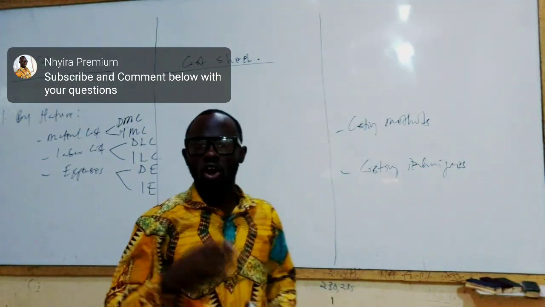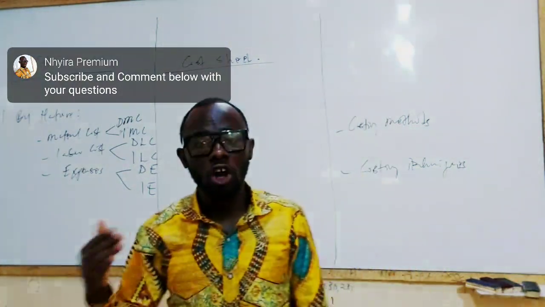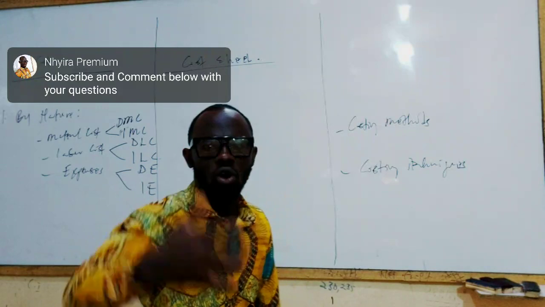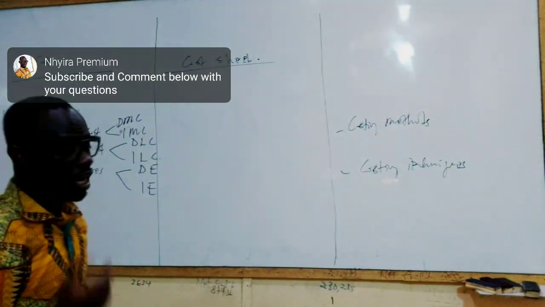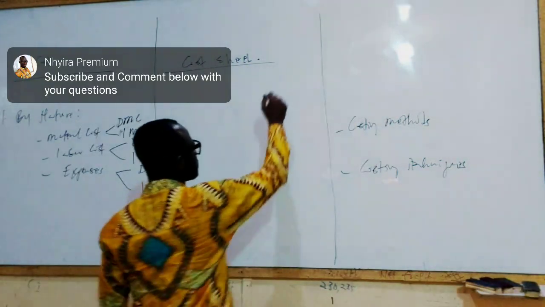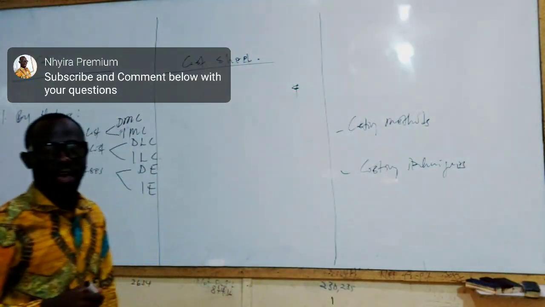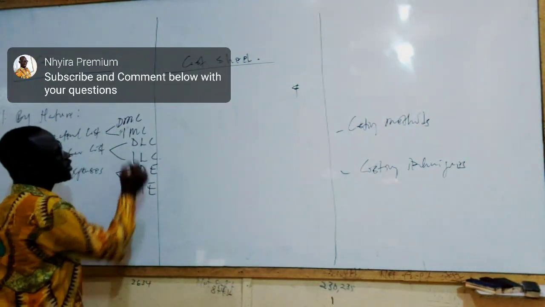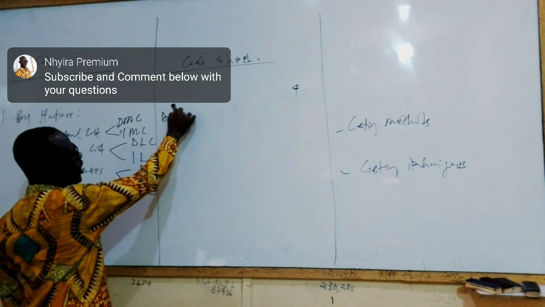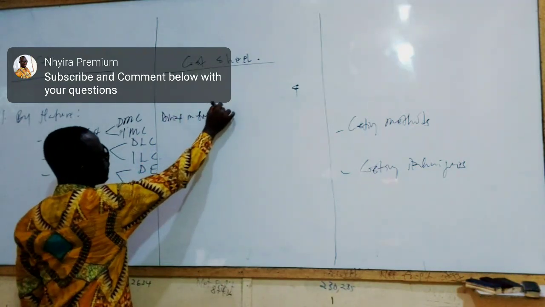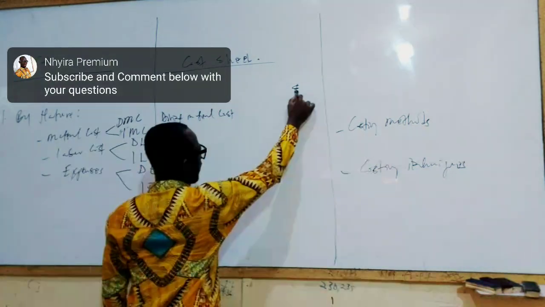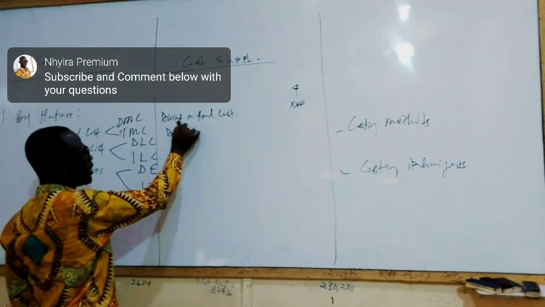So when we are preparing the cost sheet or the cost statement, how do we go about its preparation? So let me draw my dollar sign here in relation to that. The first thing we bring is the direct material cost. Then we bring the direct labor cost.